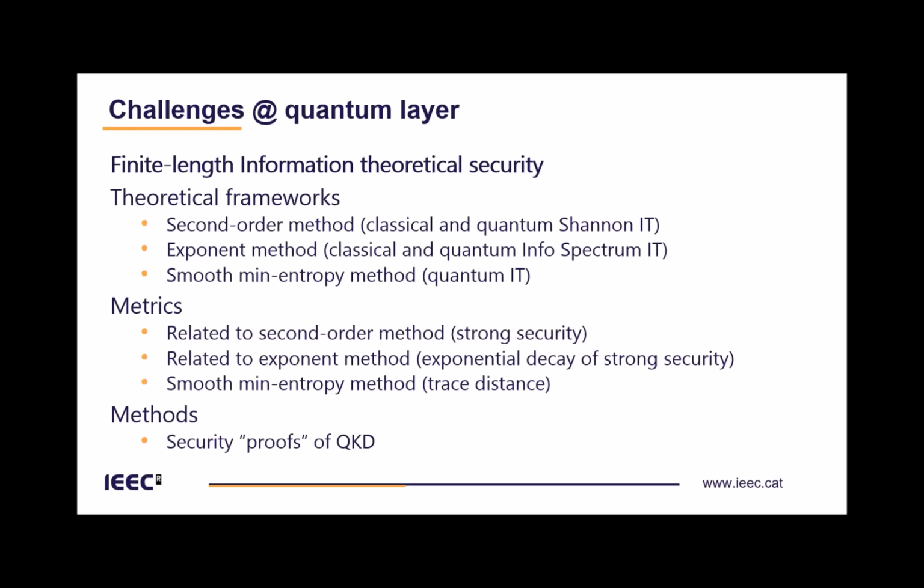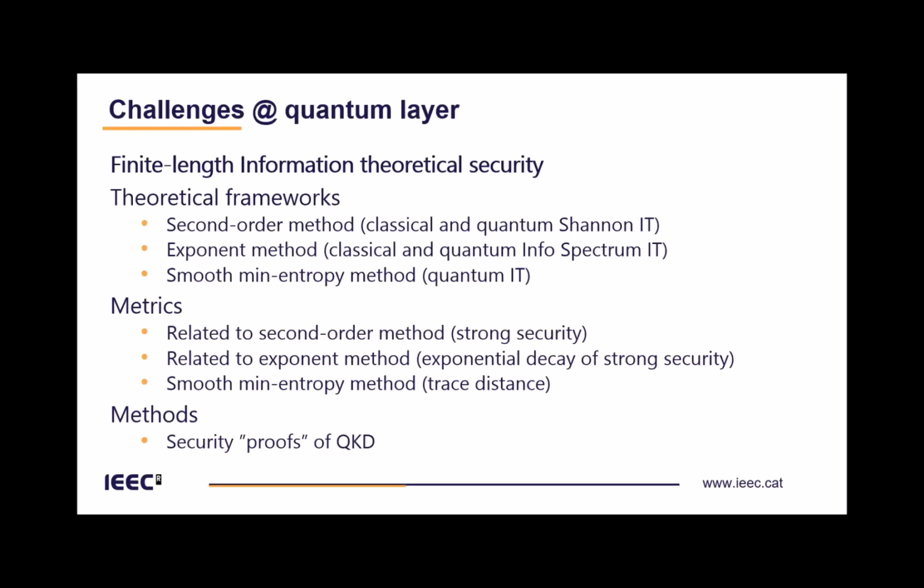Okay, but this is the quantum community. If you go to the physical layer community, then we have a lot of information theoretical metrics, such as finite length information theoretical security metrics. But what happens is that there are different theoretical frameworks. For example, there is the second order method, both for classical and quantum Shannon information theory.